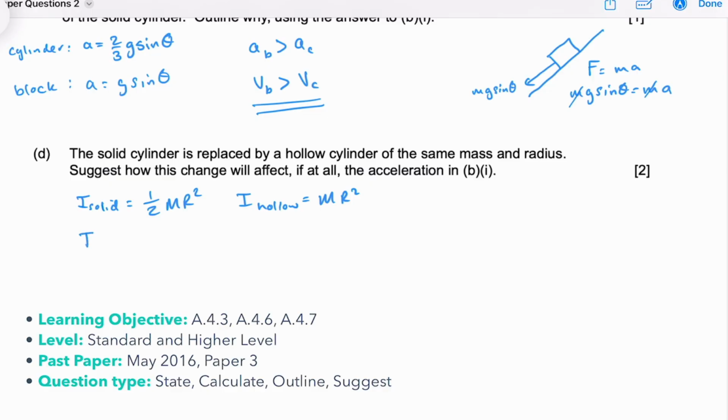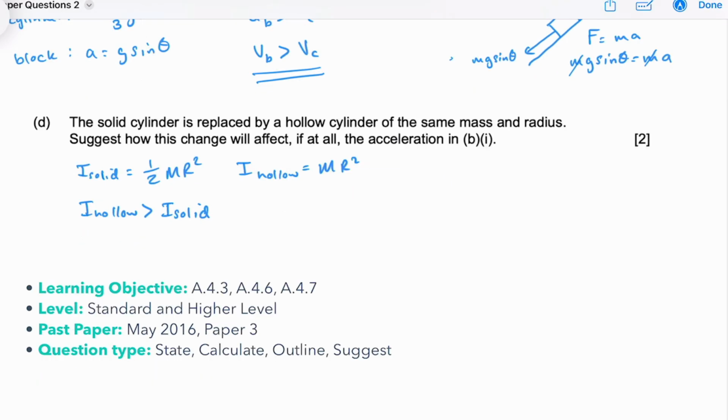So if we know that I hollow is greater than I solid, we can go back to B1 to find out how the moment of inertia affected the acceleration. And you'll remember that we had mg sine theta minus tau equals ma. And then what we did was we took tau and we said tau equals I times angular acceleration.